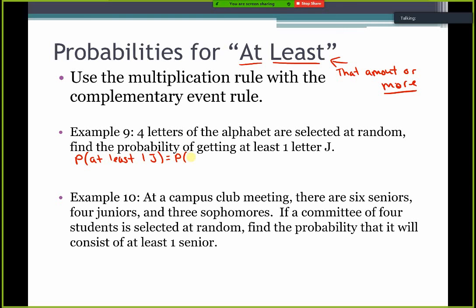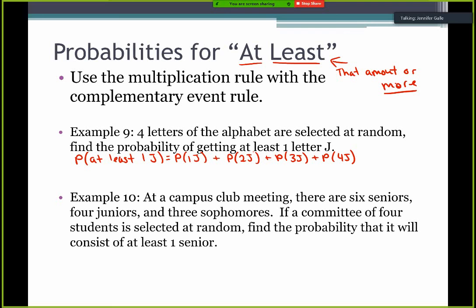the probability that we get one J, plus the probability that we get 2 J's, plus the probability that we get 3 J's, plus the probability that we get 4 J's. Now, I know some are thinking, oh, that's easy, Miss Golly, just add some fractions together. We're selecting 4 letters, though.